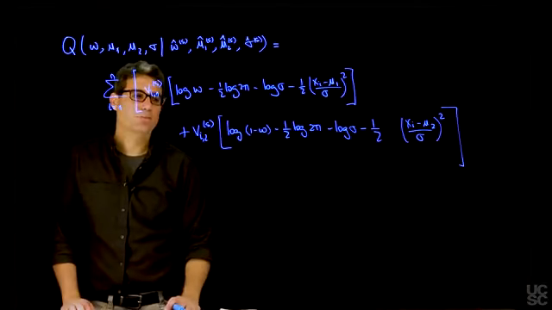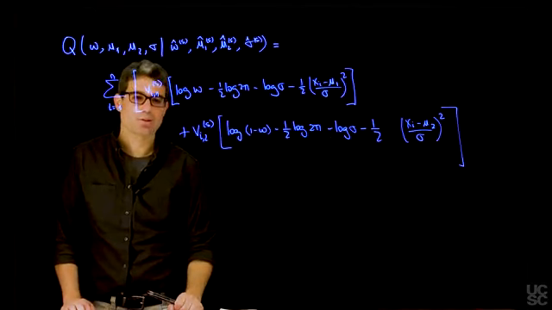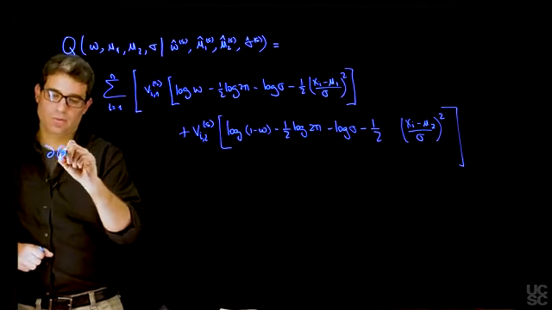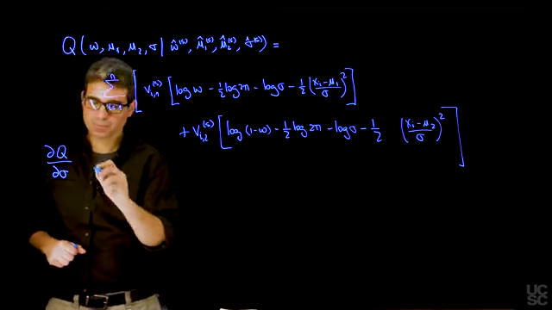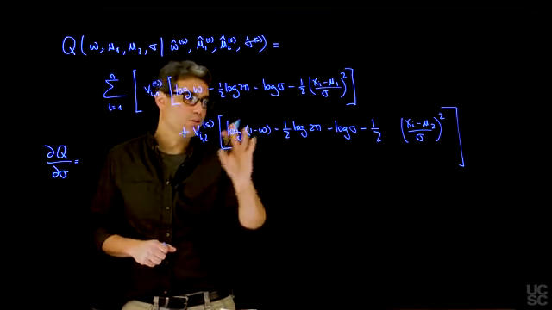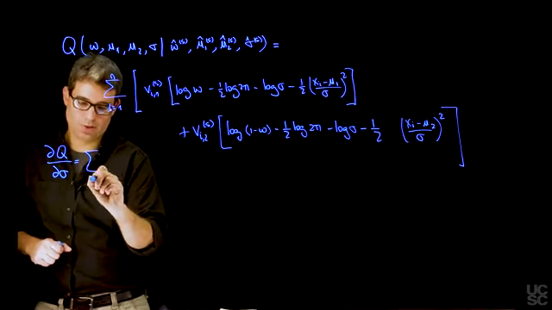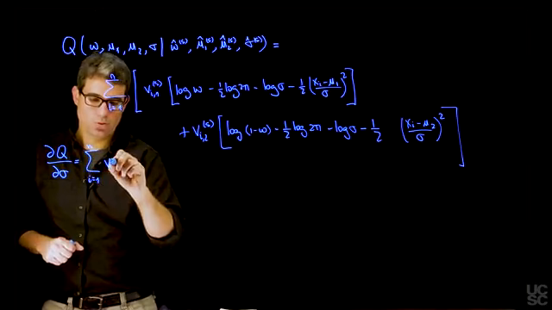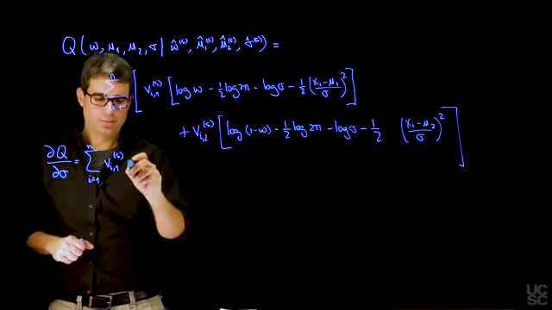To complete the algorithm, we still need to work out what the new maximum likelihood estimator for sigma is. To do that, we need to compute the derivative of Q with respect to sigma. And now we have to be a little bit careful because sigma actually appears in a number of places in the expression. So we have, as always, our sum over the observations. We have bi1 of s.